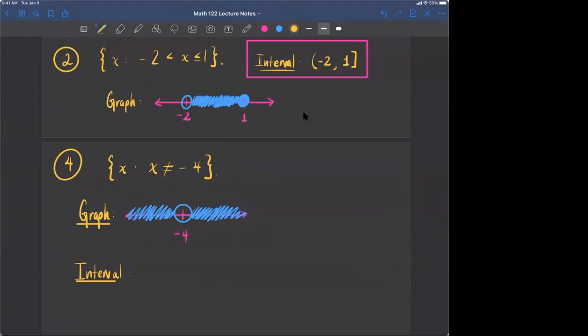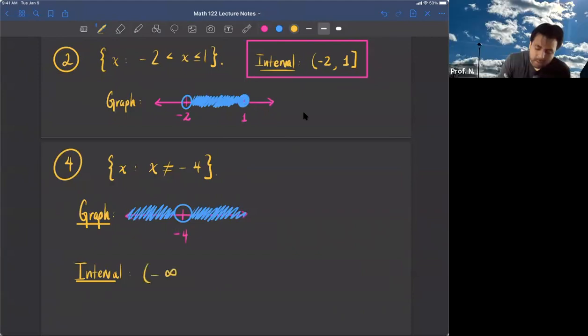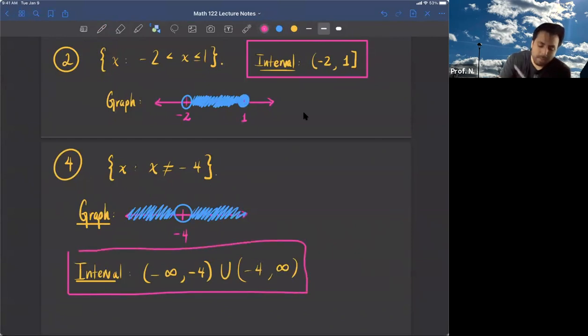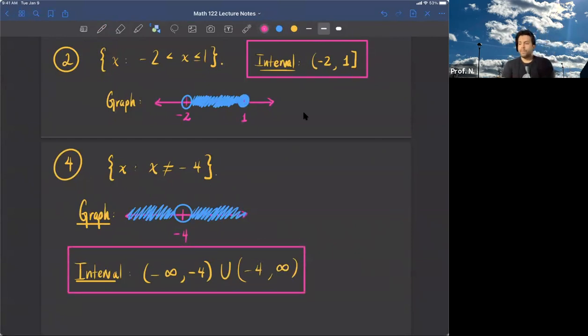Right, it would be -infinity to -4, not including -4, union -4 to +infinity, and that is exactly the interval. Okay.